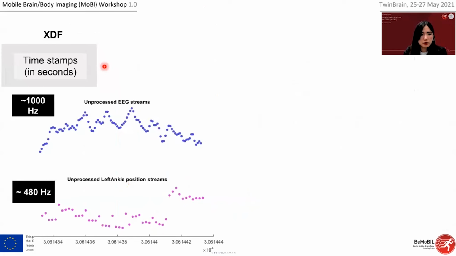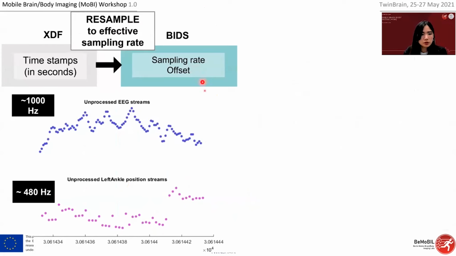So this is the resampling that I just described: resampling to an effective sampling rate to match between streams within the same modality. The EEG streams still keep the 1000 Hertz sampling rate, but all motion streams belonging to the same tracking system are all resampled to one of the sampling rates.